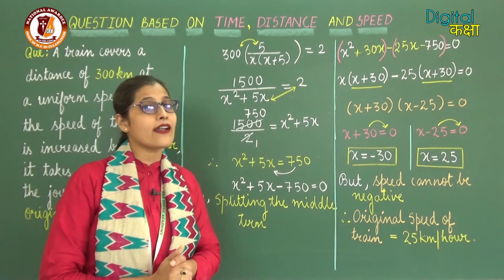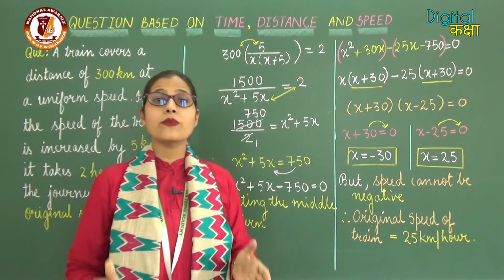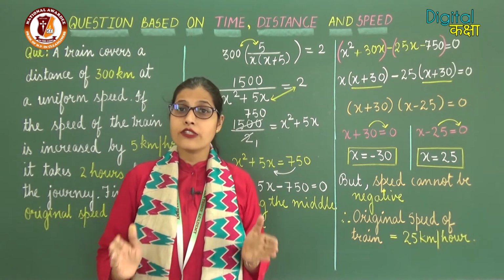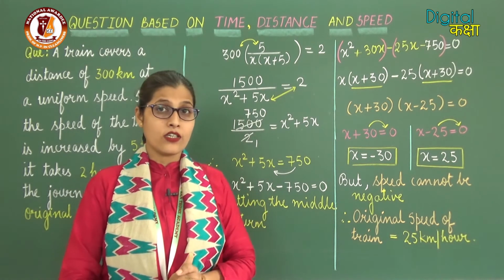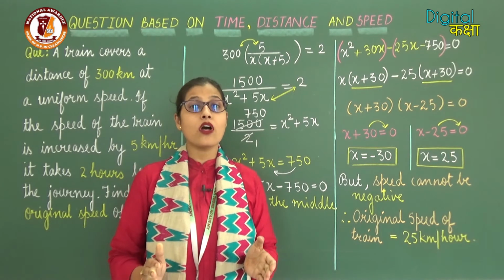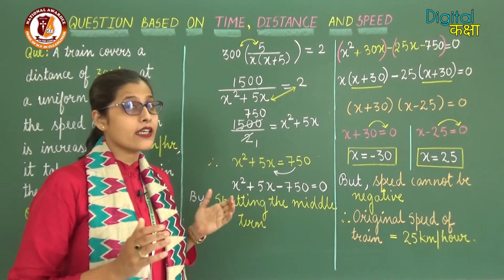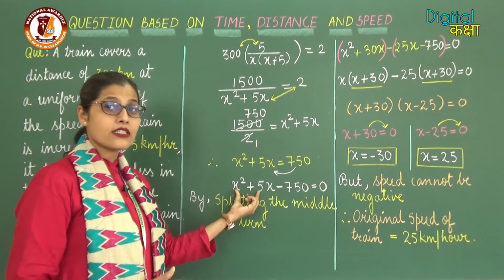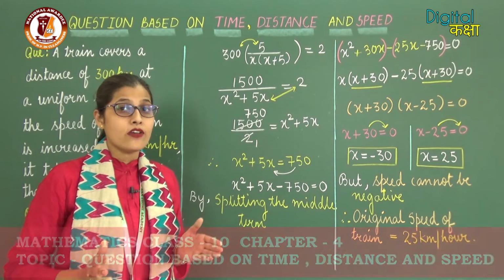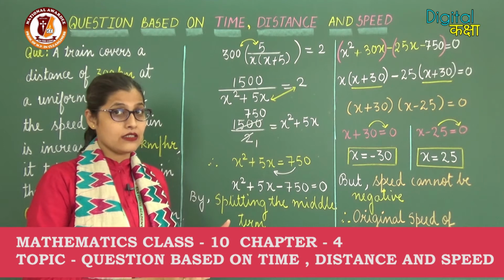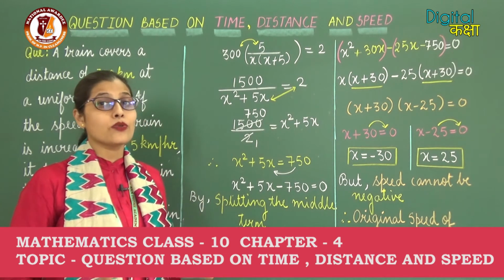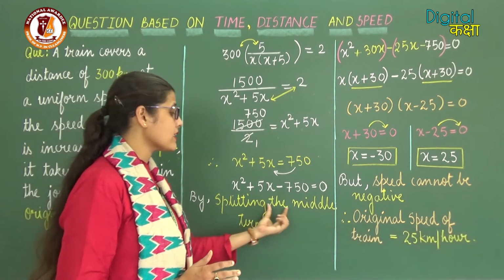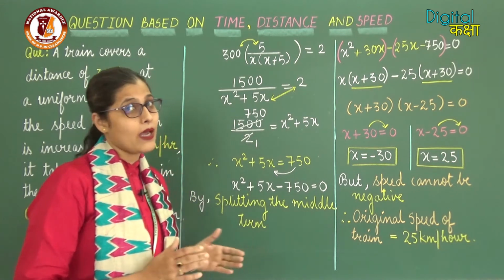We got the quadratic equation. Since we need to find the original speed of the train, we need to solve the given quadratic equation. We will be solving it by the factorization method, that is, by the splitting the middle term method.